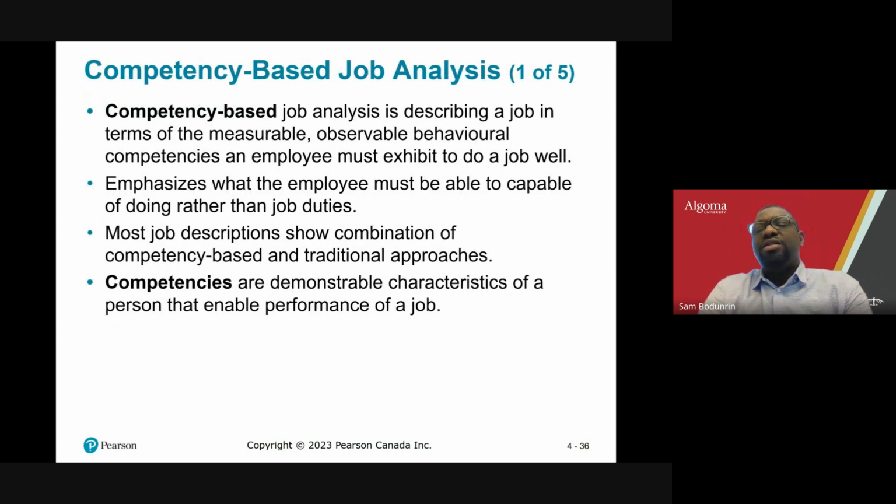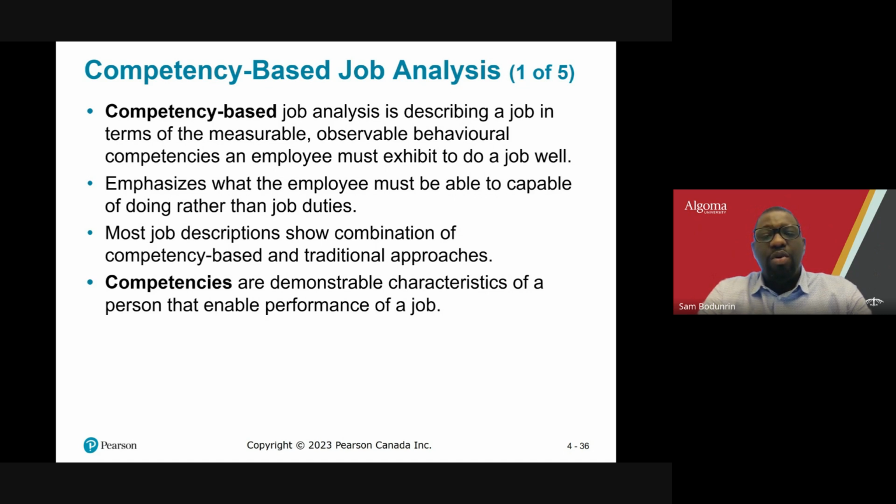So, competency-based job analysis, just like I said earlier, is a type of job analysis that is done using empirical studies, not because traditional managers cannot, but because most of the traditional job analysis are done by scribbling and observation.